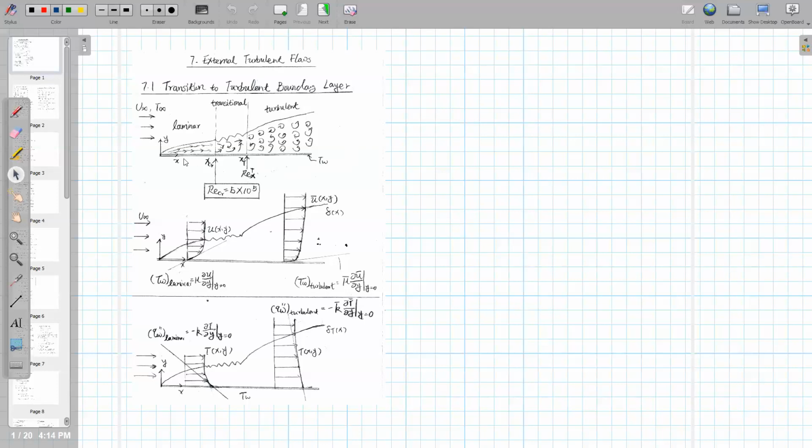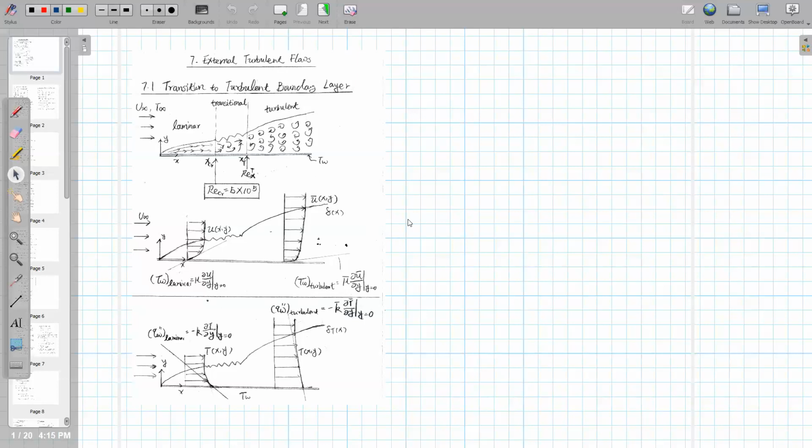So basically, if this plate is long enough, we can distinguish the flow region into 3 parts. The first part is the laminar flow, and the part between the laminar flow and the turbulent flow is what we call the transitional region.